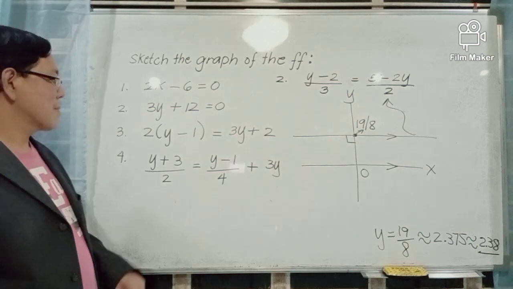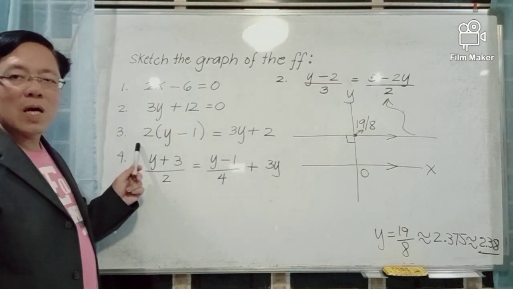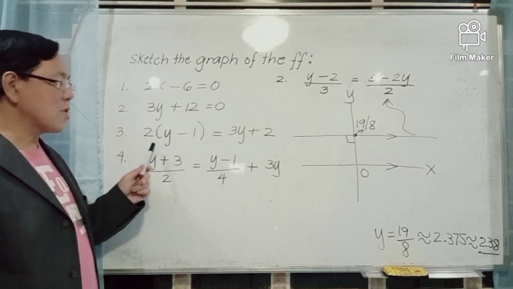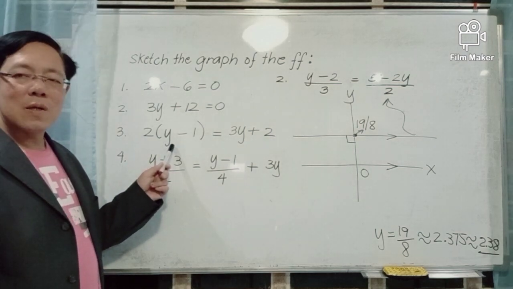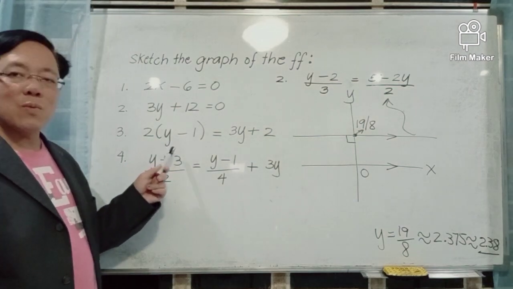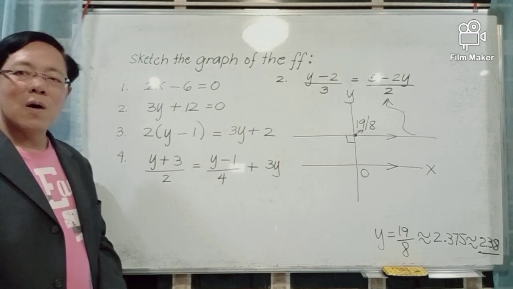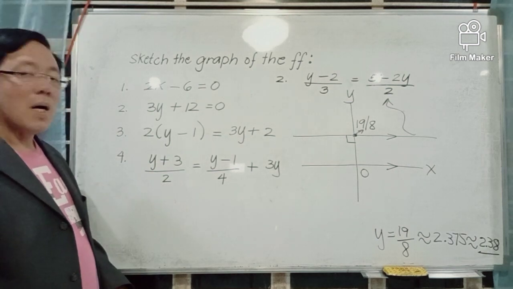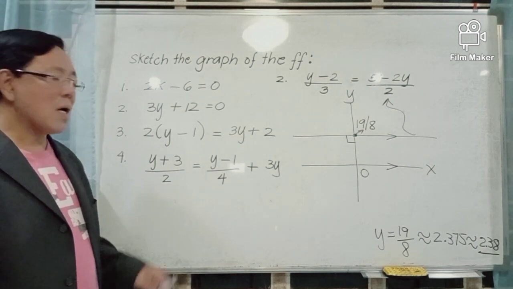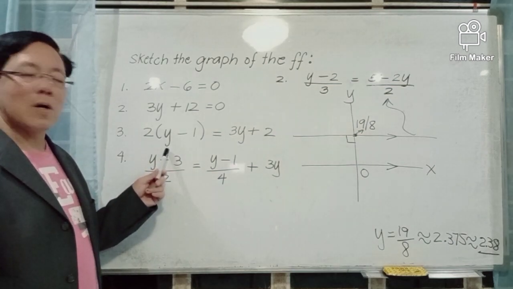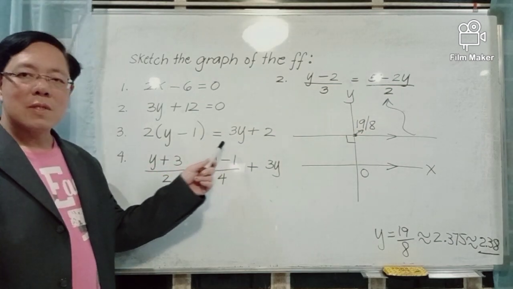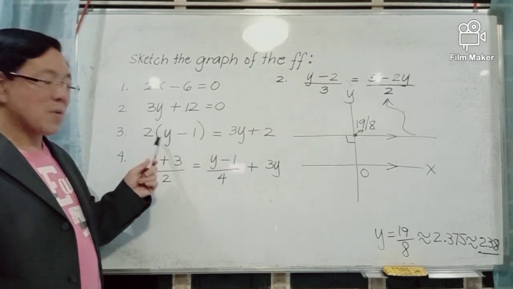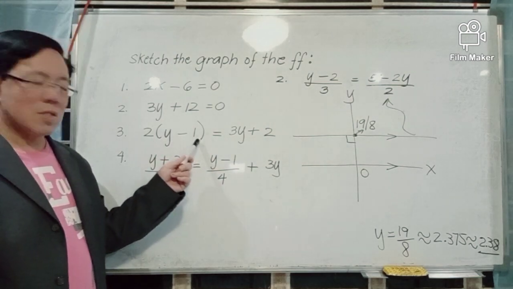In number 3, you also have another linear equation in y. So the graph of this linear equation in y is a horizontal line. But to construct that horizontal line, you have to solve first for y from this equation. And the first step is to remove the grouping symbols.